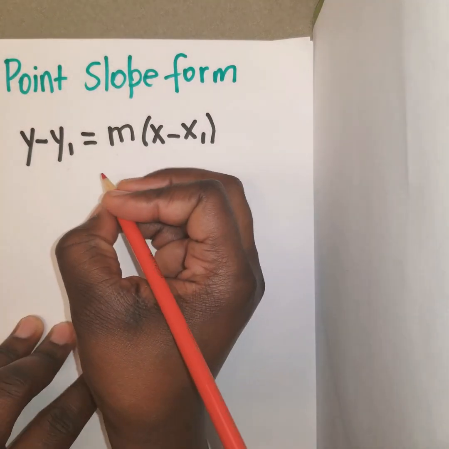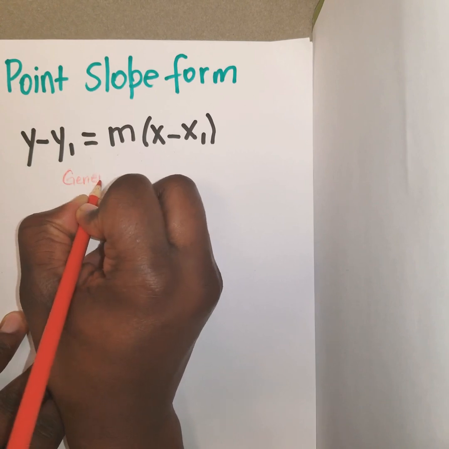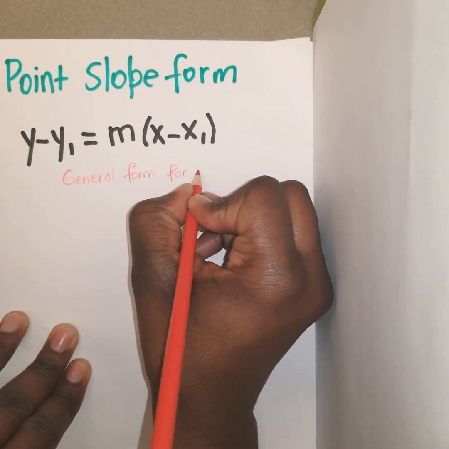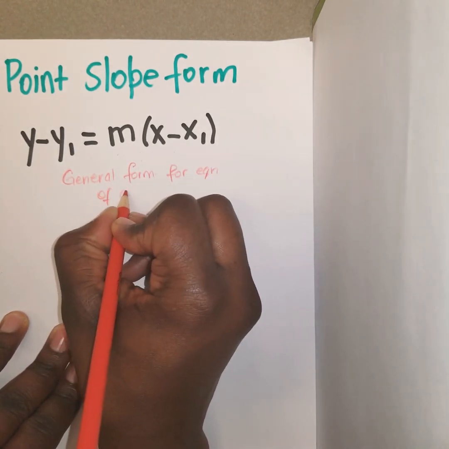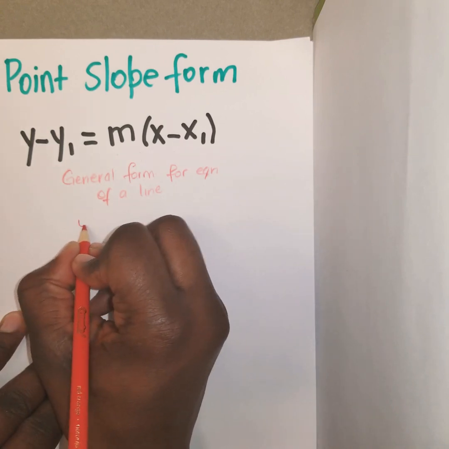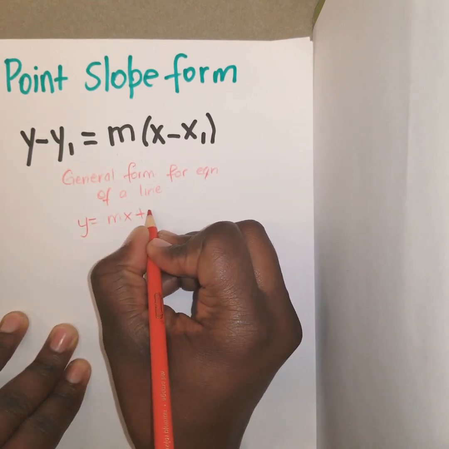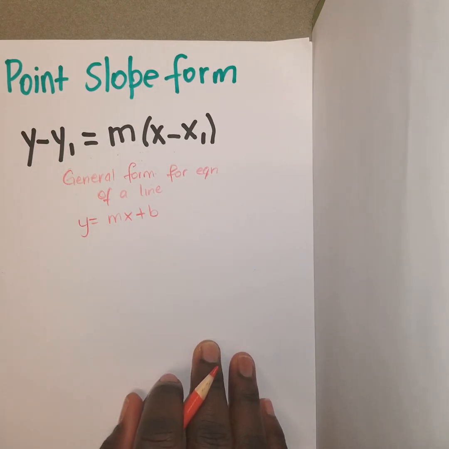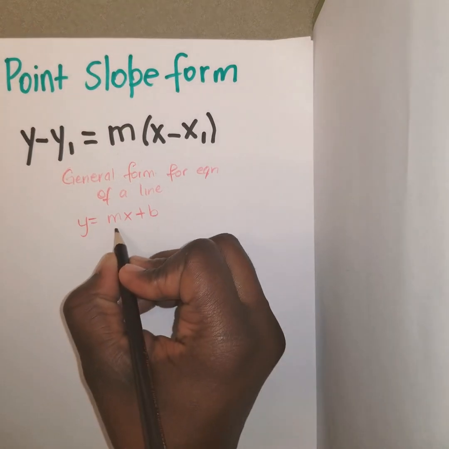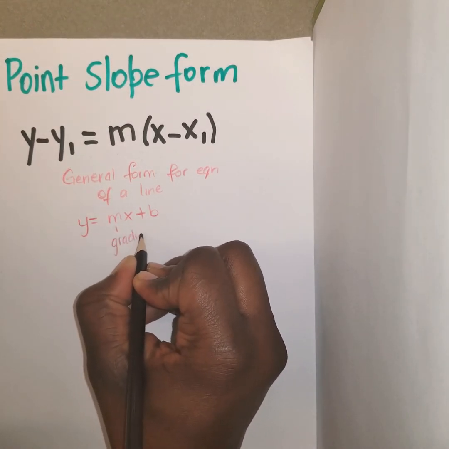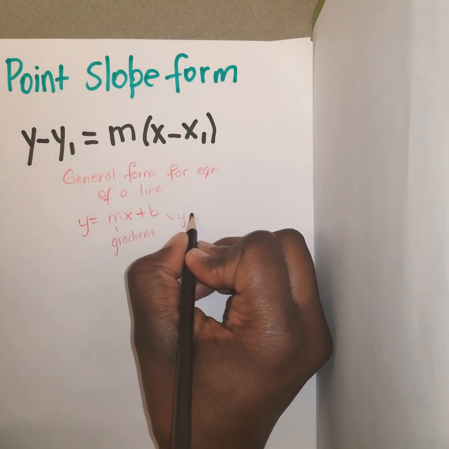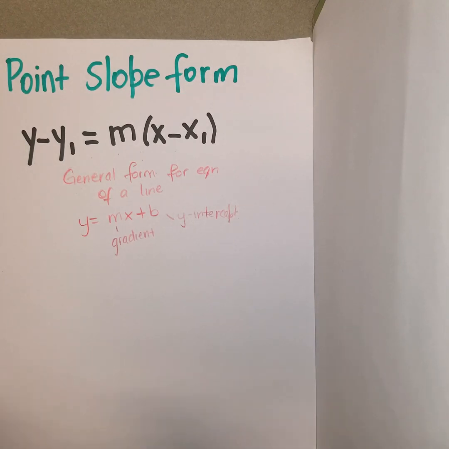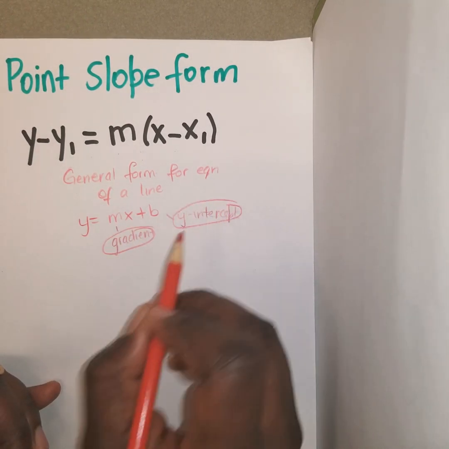And we know that the general form for the equation of a line is y equals mx plus b, or mx plus c, depending on how you remember it, where we know that m is the gradient and b is the y-intercept. We need to know these things, very important: gradient and the y-intercept.